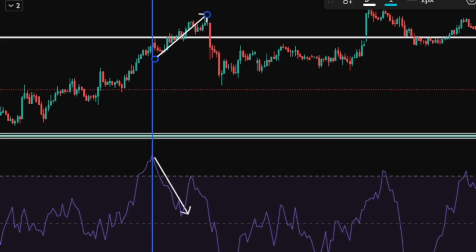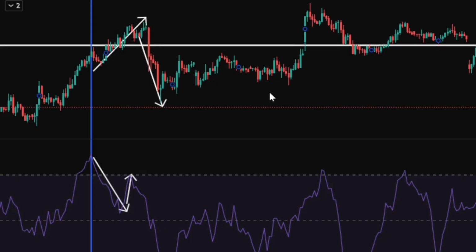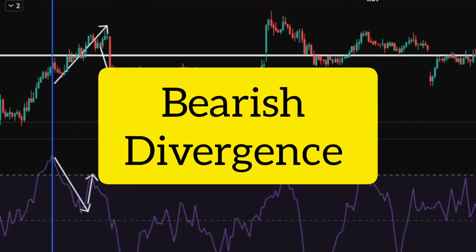When the market was going down, the MFI indicator gave us an up signal. If you see this divergence, the price is making higher highs, but the MFI is making lower lows. This is warning you that the market trend is coming to an end, and maybe it's time to sell. That is a bearish divergence.